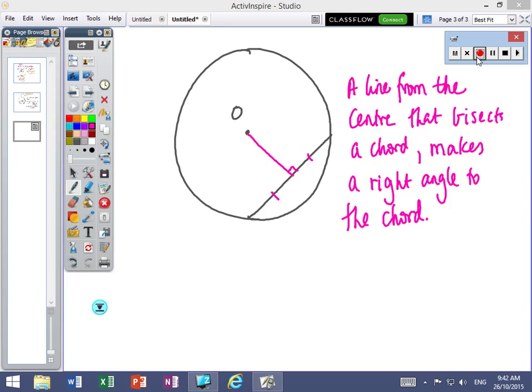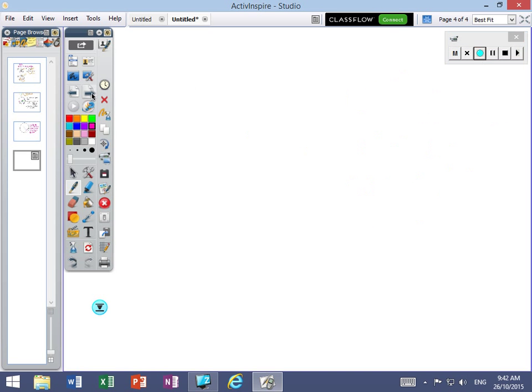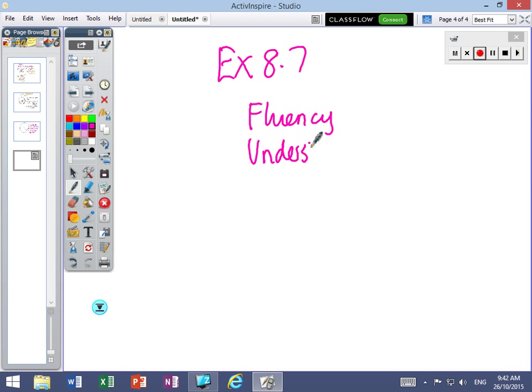So what I'm going to do is list the exercise, but you're more than welcome to go back to the angle properties that you may not have finished. So it's exercise 8.7, and again we've got fluency, understanding.